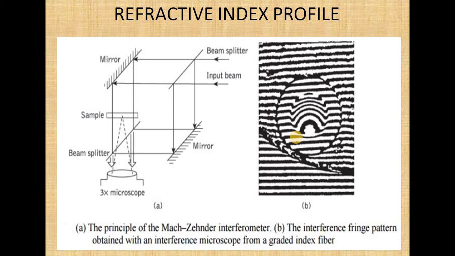Also, the impulse response and the information carrying capacity of the fiber strongly depend on the refractive index profile. The refractive index profile can be measured using two methods. The first one is the Mach-Zehnder method, the second one is the near field scanning method.